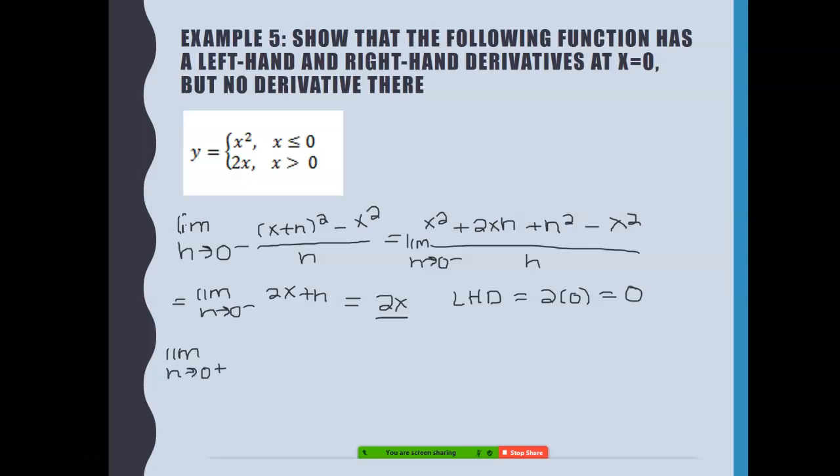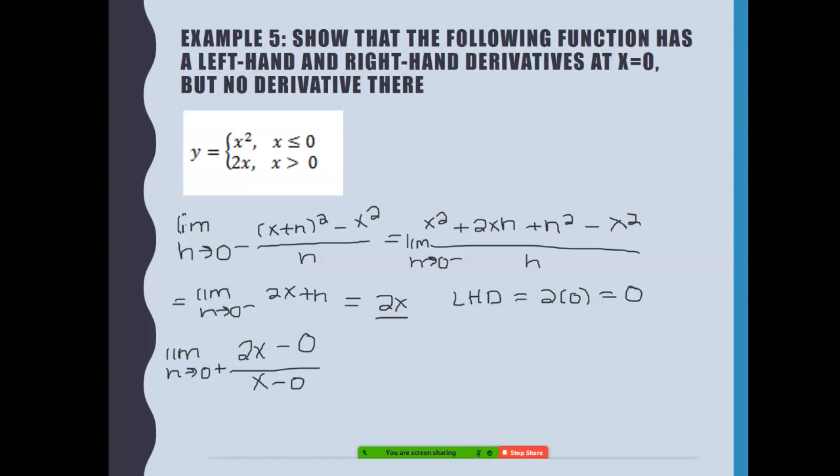If we look at the right-hand derivative, and again, we could use the alternate form if we wanted, that'd be the limit as h approaches 0 from the right, and then it would be f of x, which is 2x, minus f of 0, which is 0, all over x minus 0.